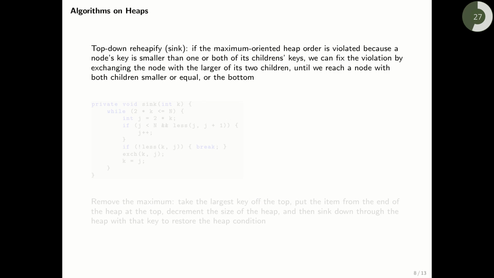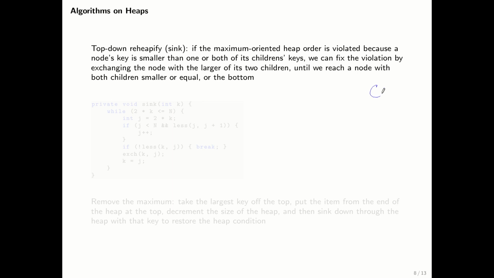Now let's look at yet another algorithm on heap. This is called top-down reheapify, or the sink operation. There is yet another violation that could result. If the maximum heap order is violated because a node's key is smaller than one or both of its children's keys, that's a violation.